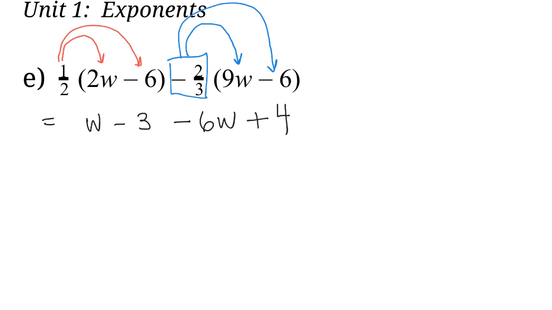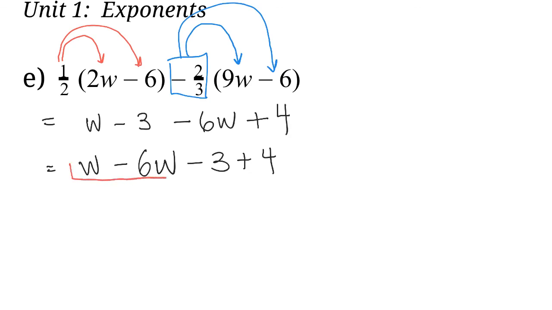All right, so if we look at our terms, we do have some like terms that can get grouped together. So I'm going to group together all my W's. So that's a W, take away 6W. And then I'm going to put in all my plain numbers. So that would be the -3 and the +4. And now we can perform the math.